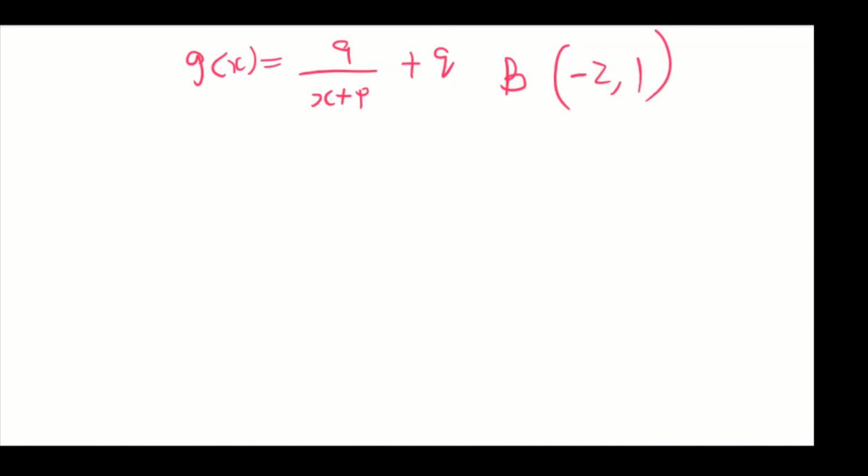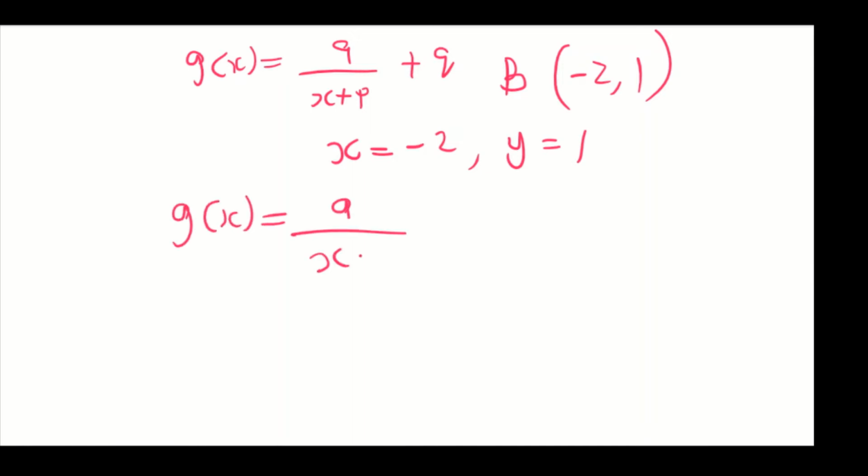Our g of x is equal to a over x plus p plus q, and our value of b, which is the intercept of our asymptotes, is minus 2 and 1. So this tells us that our vertical asymptote x is equal to minus 2, our horizontal asymptote y is equal to 1. So if we substitute in our equation of g, we have a over x plus 2 plus 1.